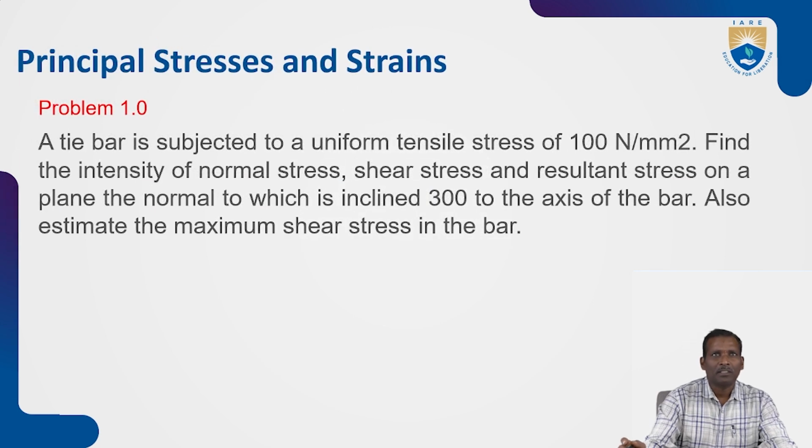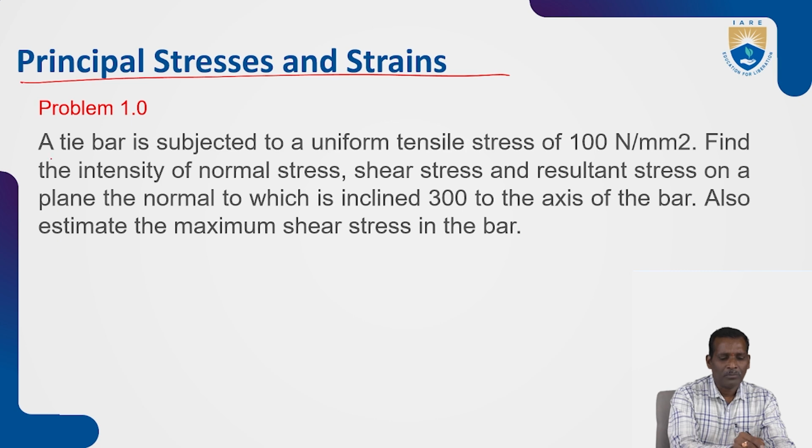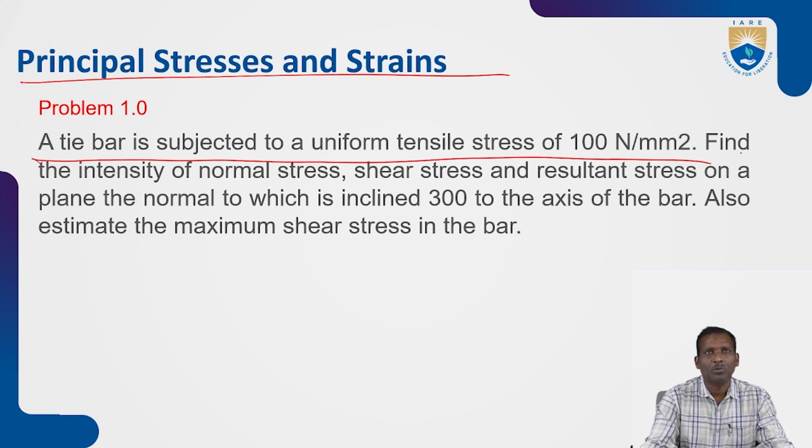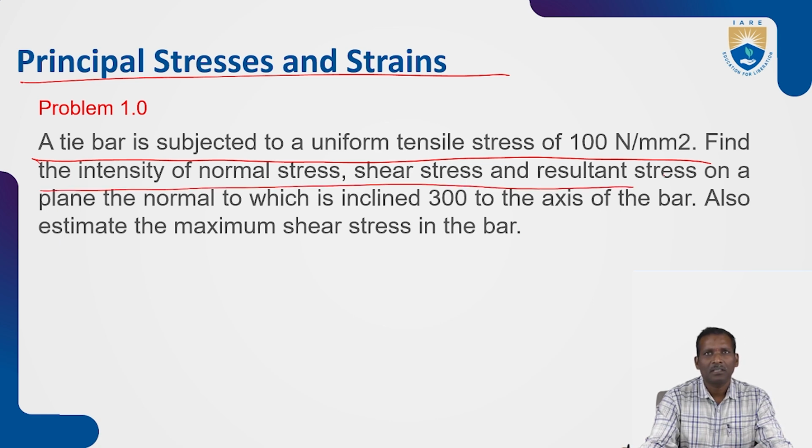So problem 1, on principal stresses and strains. In this problem, a tie bar is subjected to a uniform tensile stress of 100 Newton per mm square. Find the intensity of normal stress, shear stress and resultant stress on a plane, the normal to which is inclined at 30 degrees to the axis of the bar.